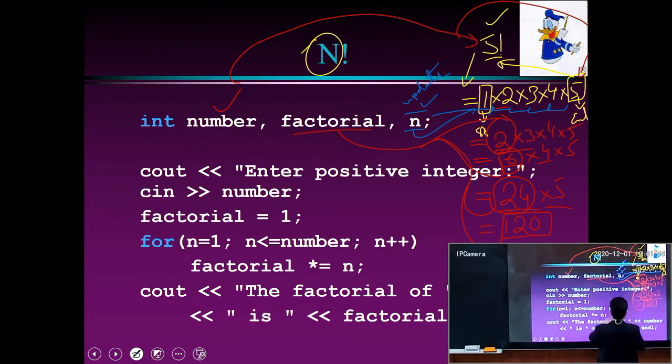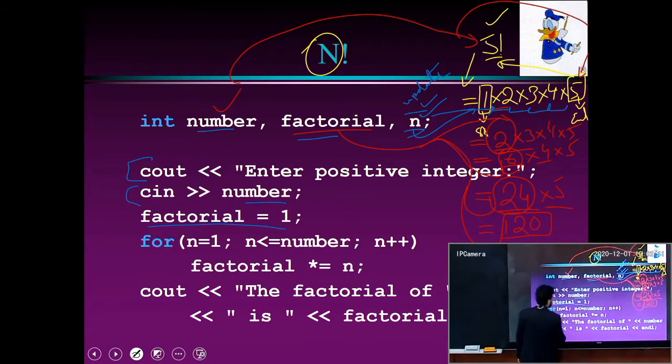So this is how we will convert this series of 1, 2, 3, 4, 5 digits, and we will achieve it through this n. Okay, now you understand that for our purpose we have declared this number, this factorial, and this small n. We are flashing this message on the screen. We are inputting some integer value into the number, and then factorial is being initialized as equal to 1.